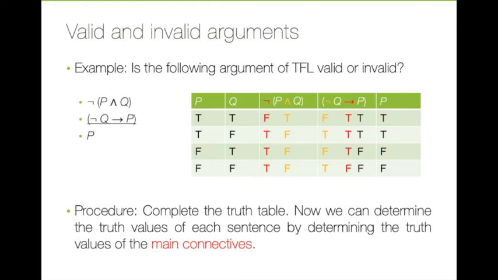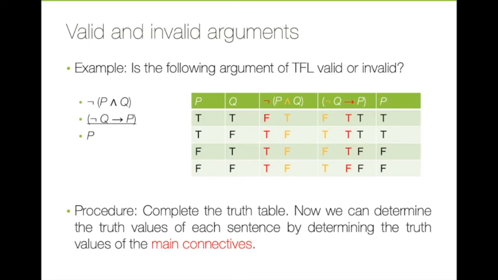So in the first premise, the negation applies to the conjunction. So to get the column in red for the first premise, we take the negation of the orange column. And in the second premise, we need the truth value of the antecedent, not Q, to get the truth value of the whole conditional. I also copied over the truth value of P just to make it easy to see how we get the truth value of the conditional.